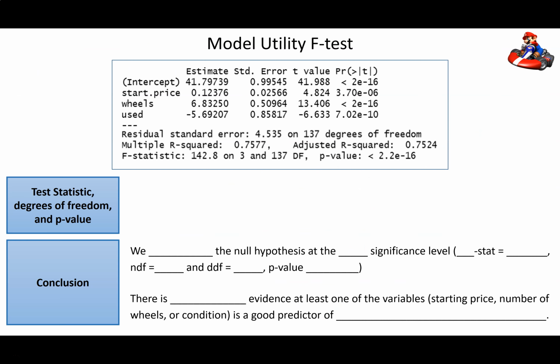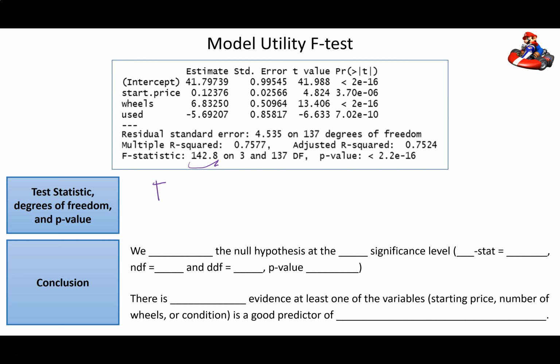Looking at this example, if I want to put my test statistic here, it's going to be here. Here's my F statistic, and it gives me all the other information.